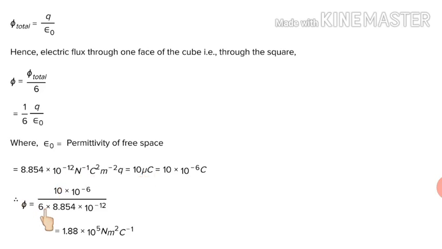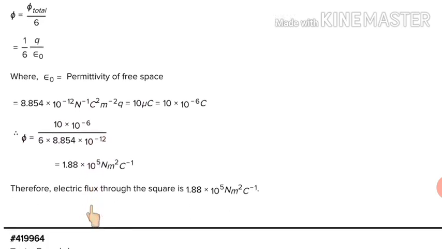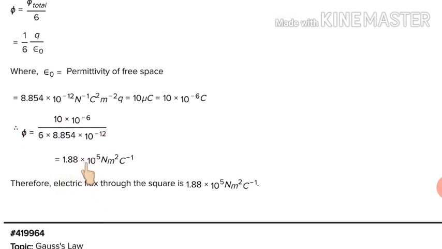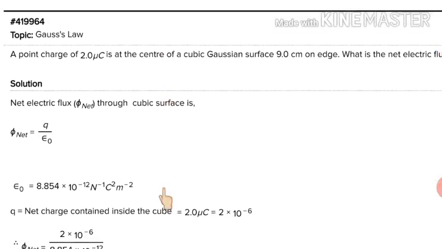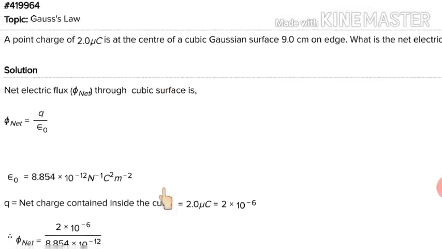After simplifying, finally we have the value 1.88 into 10 to the power 5 Newton meter square per coulomb. So this is the electric flux through the square, or the electric flux through one face of the cube which enclosed a charge.